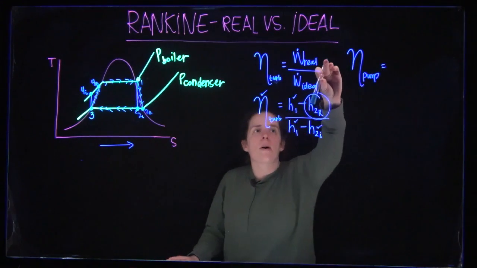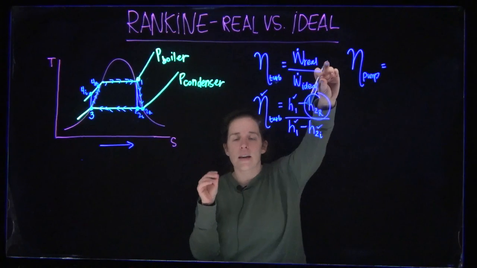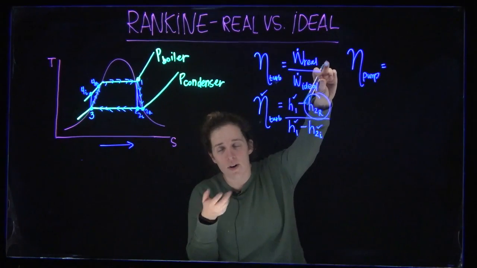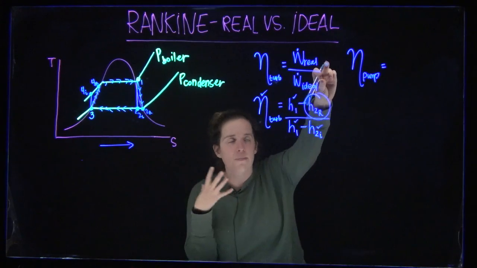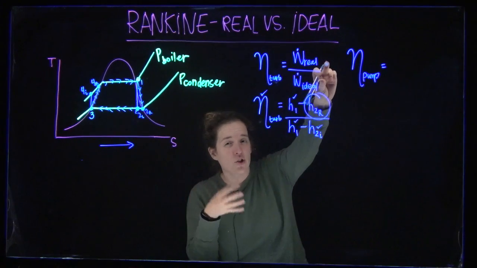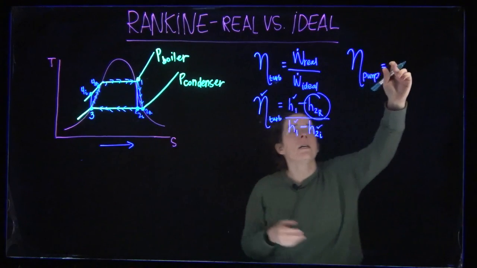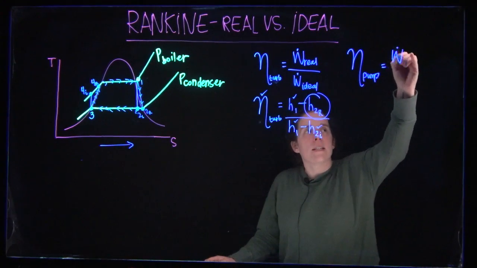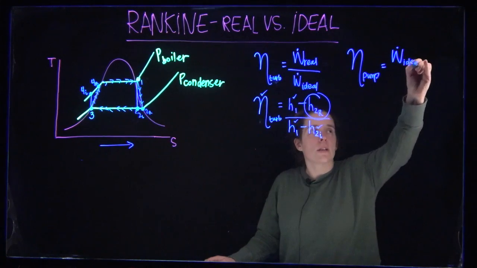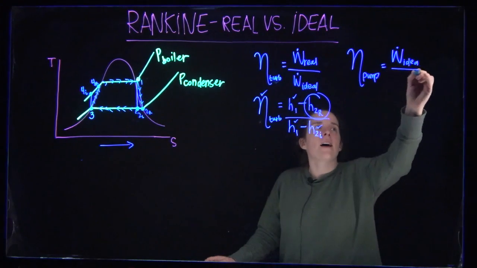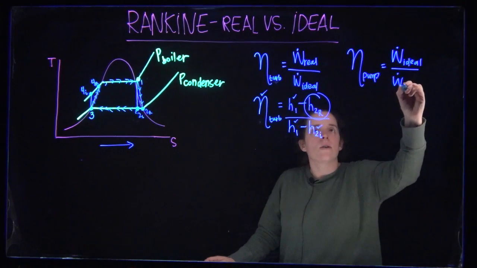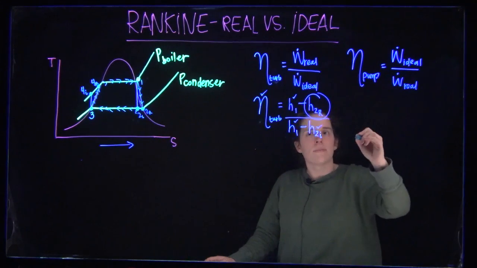Well, let's think about in a pump, again, the inefficiencies are going to make me have to pay a little bit more for a bigger pump or a little more electricity to be able to actually get the delivery that I need. So we have the ideal, which is a little bit smaller than the real or actual.